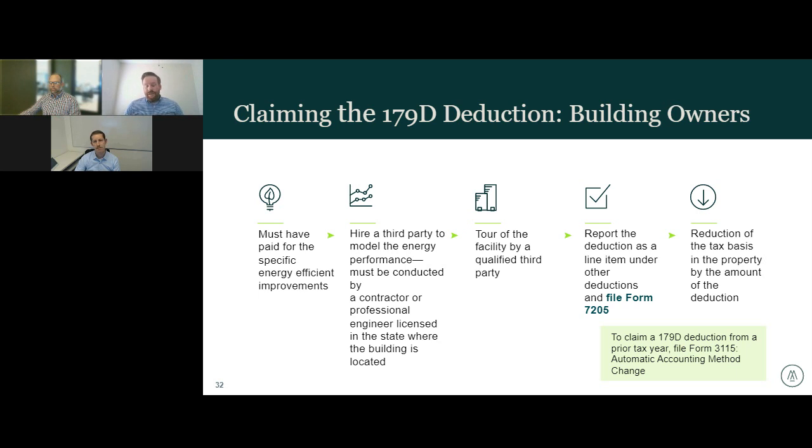And since 179D is an accelerated depreciation benefit similar to cost seg, there is a basis reduction of the property for the amount claimed of the 179D deduction. So that's either on the respective 39-year or 27-year depreciable property. And for that reason, the benefit of conducting a 179D study is typically greater on a current tax year or recently completed project, but you do have the opportunity to go back as far as 2006 should that be something you're interested in pursuing.